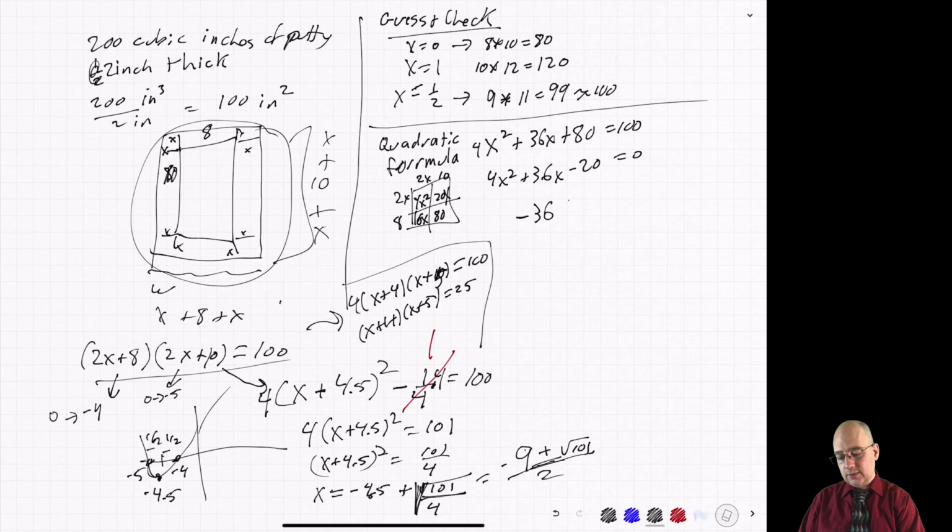And now we can proceed with the quadratic formula. Minus b is minus 36 plus or minus the square root of 36 squared. Okay, that's fun. Minus 4 times 4 times 20. Okay, that's not too bad. Divided by 2 times 4, or 8. Okay, so yeah. One thing I see immediately is, of course, the 36 is actually 9 times 4, right?